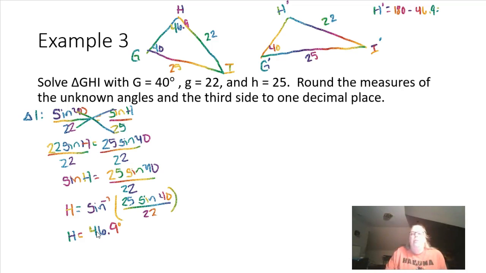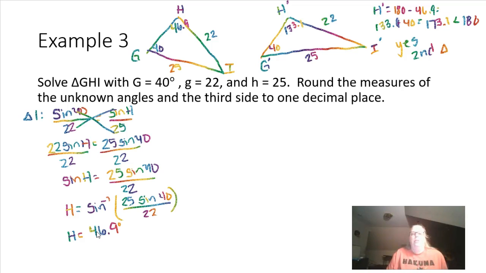And that gives me 133.1. And when I add 133.1 to 40, that gives me 173.1, which is less than 180, because a triangle can have 180 degrees in there. So that means there is a second triangle. And so we'll work on that in just a minute. Let's finish triangle number 1.